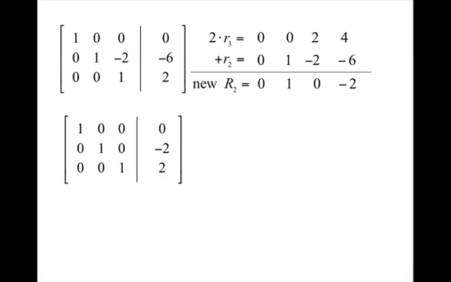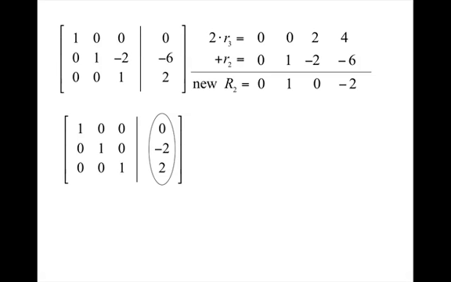Now if I look to the left of my equal bar, I have the identity matrix for a 3 by 3 matrix. So now I look at my constants, which give me my solutions. This time I have 3. If you remember, the equation had an x, a y, and a z.